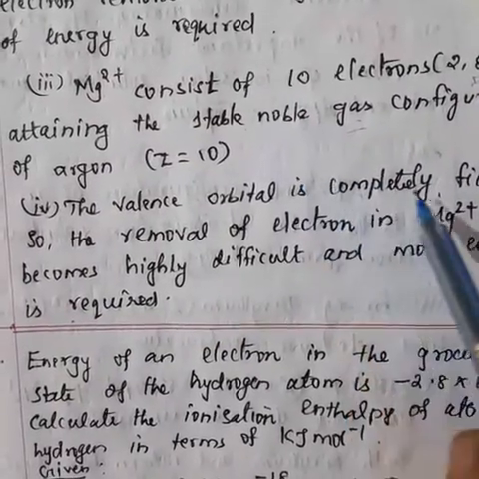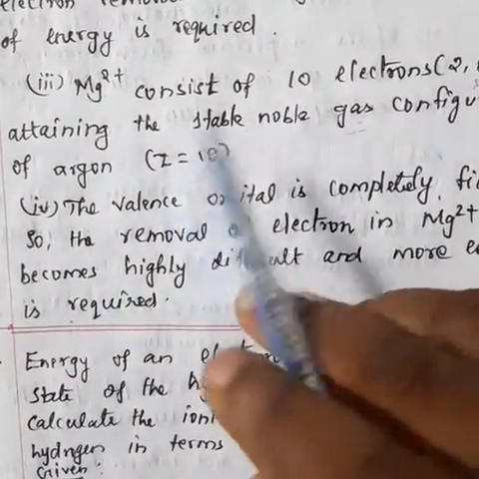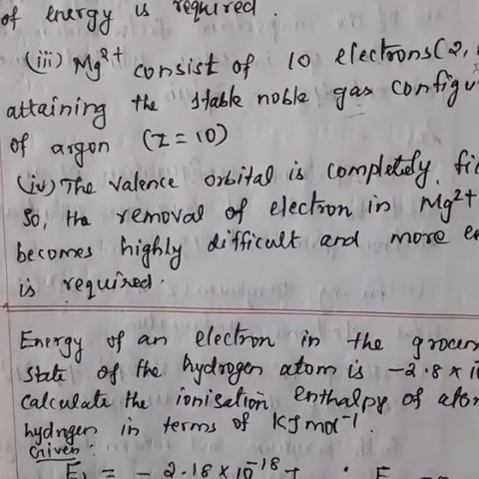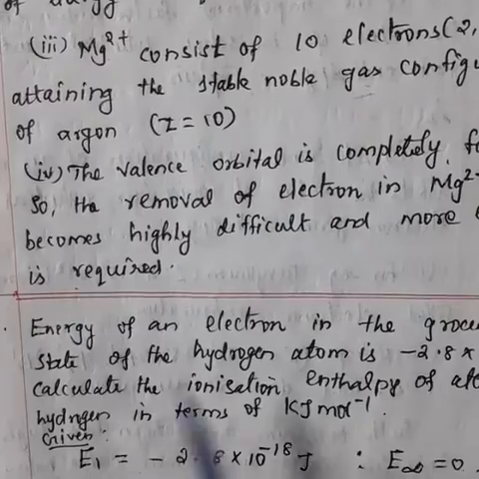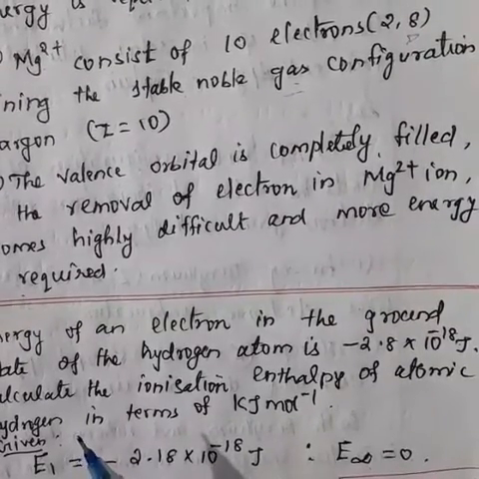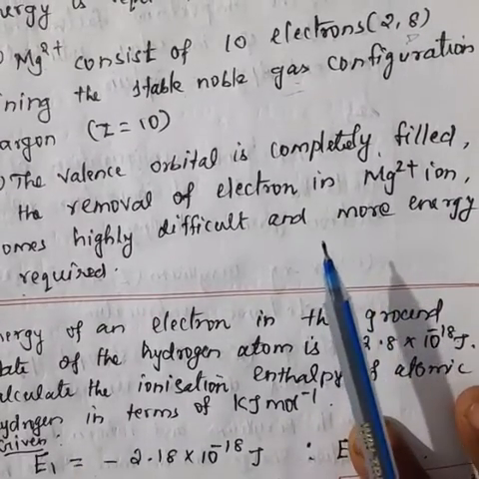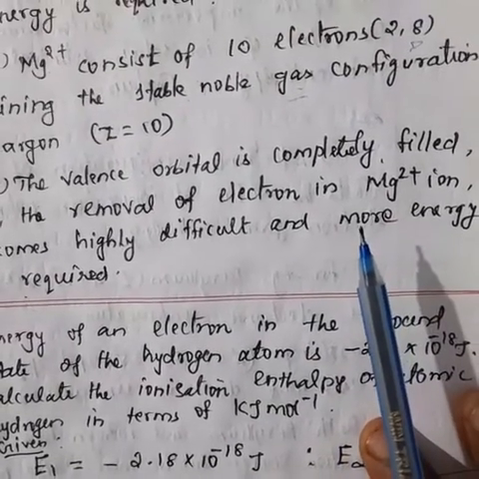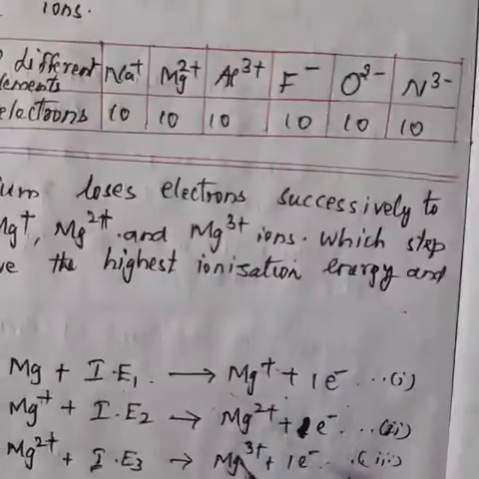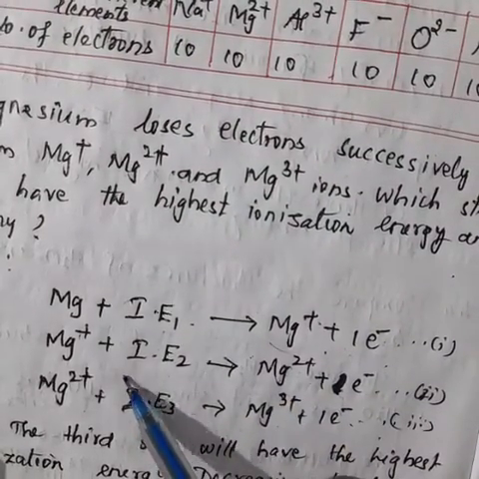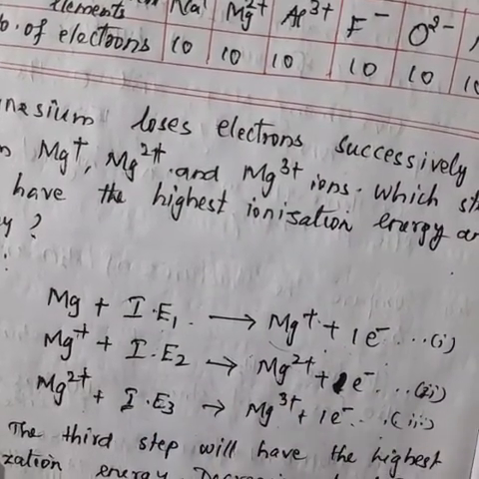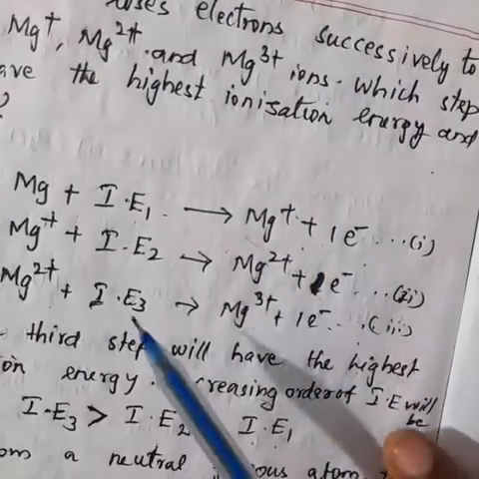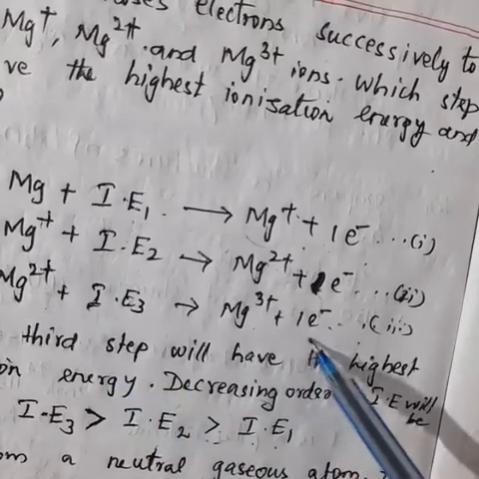After getting the stable configuration, the Mg2+ ion does not easily lose an electron because it is stable now. If we again remove an electron from the Mg2+ ion, it needs more energy, because it is stable now.